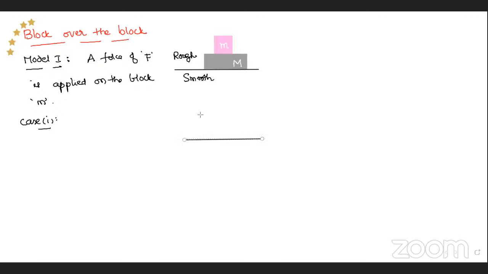This is capital M, and small m is placed over it, and he applied the force on this pink color small m, means the top block simply. This is the force F, and it is rough as usual, and this is smooth.